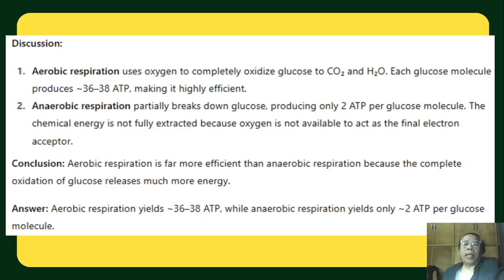Aerobic respiration uses oxygen to completely oxidize glucose to carbon dioxide and water. Each glucose molecule produces 36 to 38 ATP, making it highly efficient. Anaerobic respiration partially breaks down glucose, producing only 2 ATP per glucose molecule.